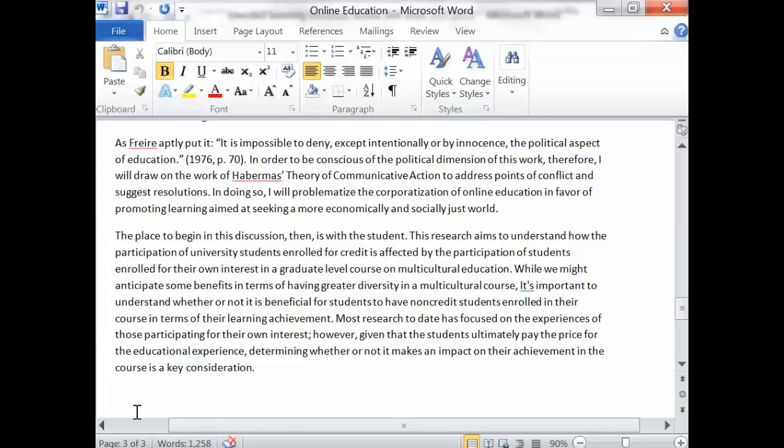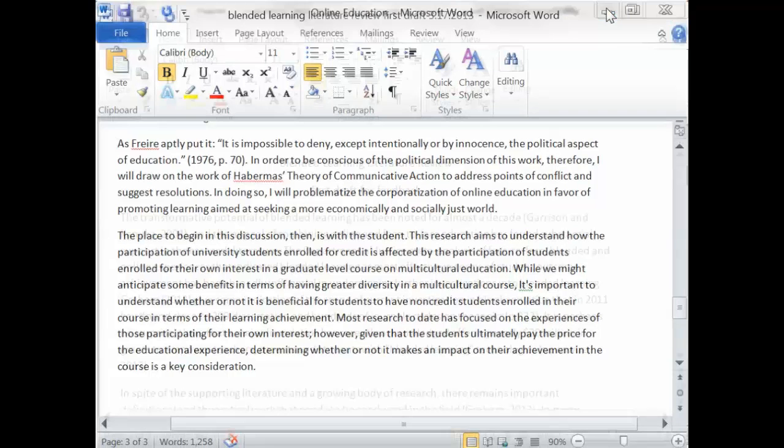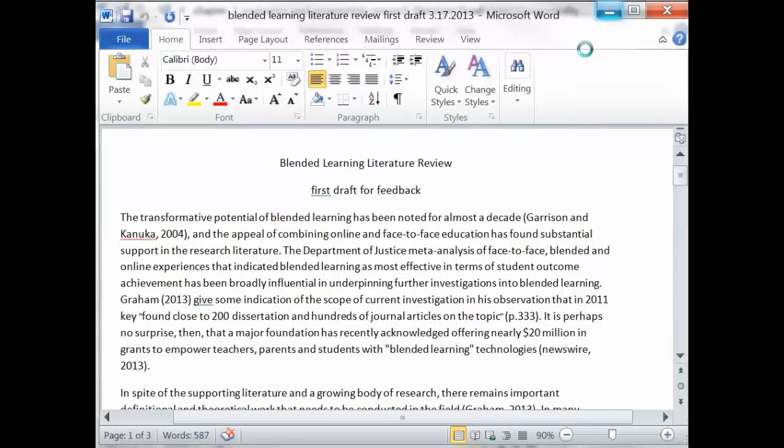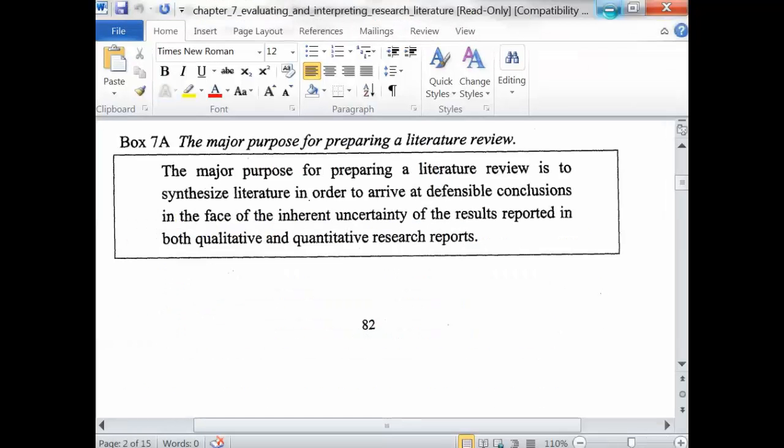Hopefully that's helpful. Oh, and if you're still in doubt of what a literature review looks like, then the best thing to do is to go to the Mansfield Library, and you can do this online, of course, and go to the theses and dissertations collection.